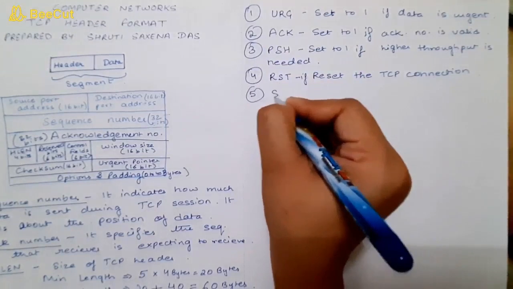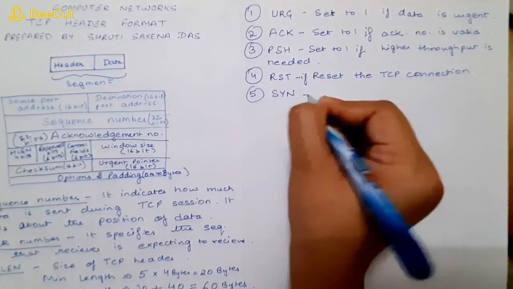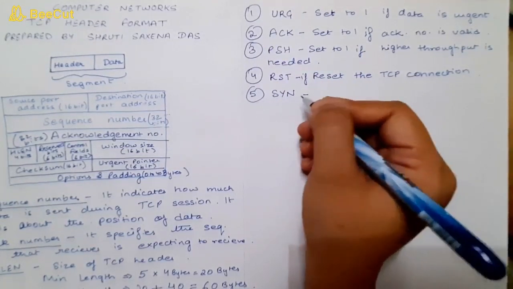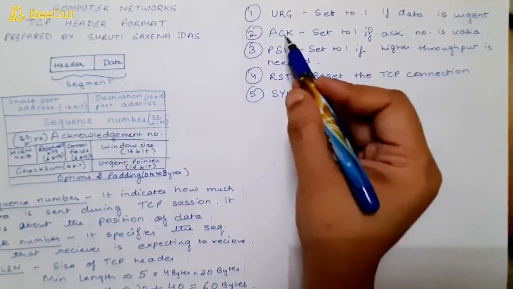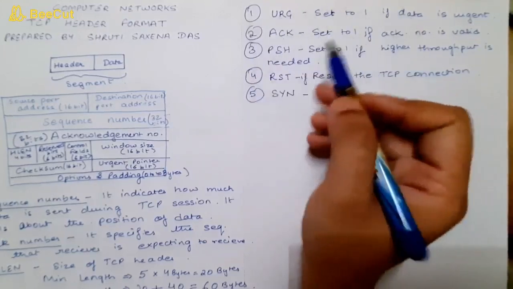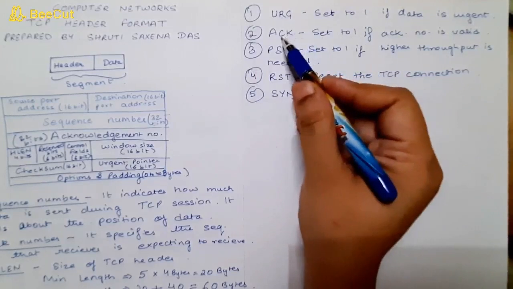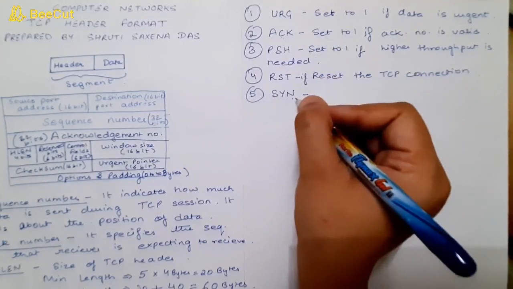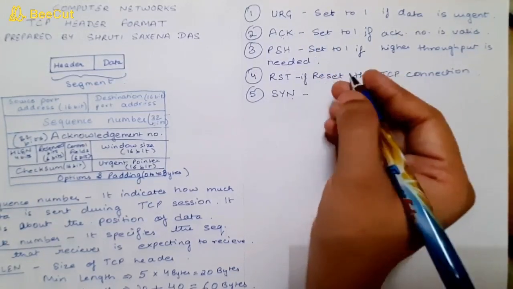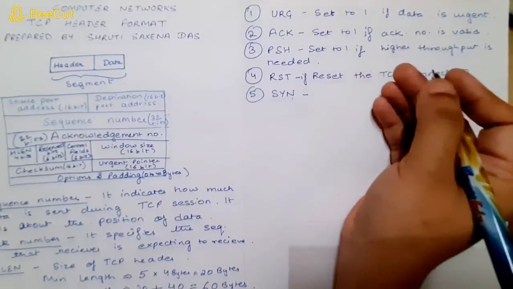Next is SYN. We have seen in the previous video that we were using SYN and ACK at the time of handshaking. SYN is used to synchronize. Do you want to start the communication or not?